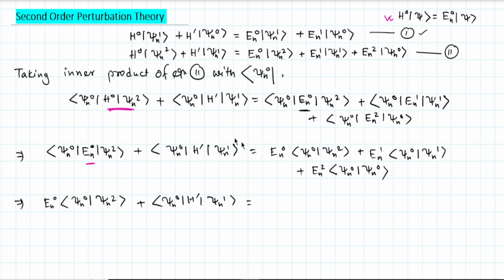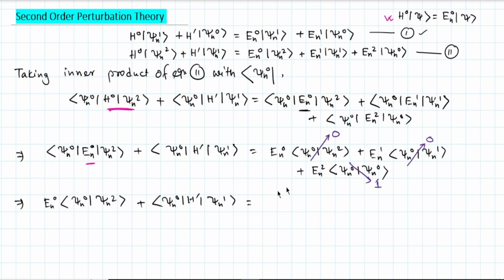And here, as we know that for the inner product rule, if different states are present, the inner product will be 0. For different eigenstates, the inner product will be 0, and for the same state, the inner product will be 1.